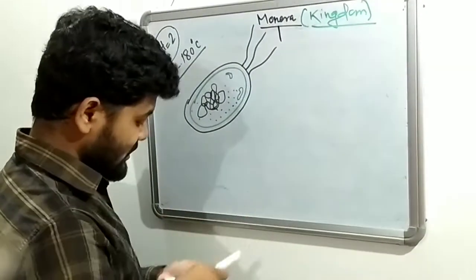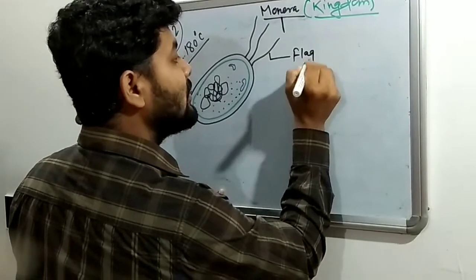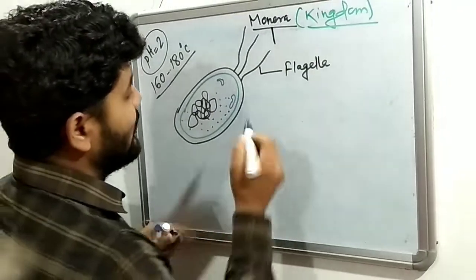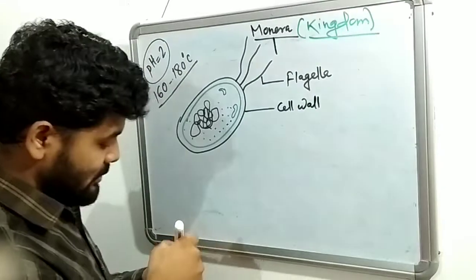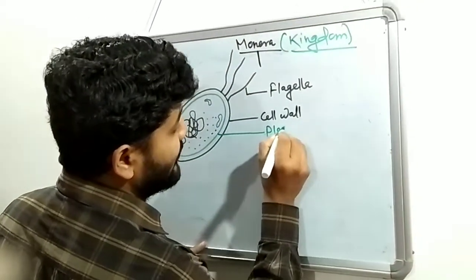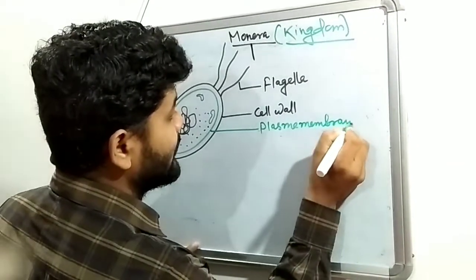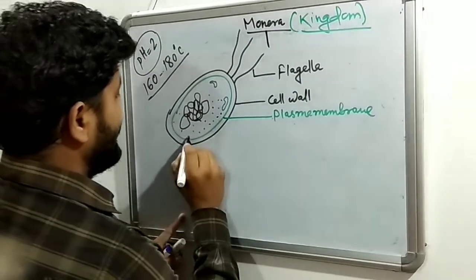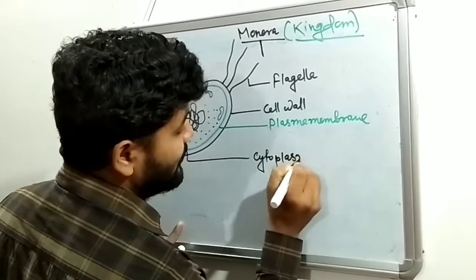Here you can see the tail-like structure is known as flagella. This is the cell wall. This one is the plasma membrane. And inside the plasma membrane, cytoplasm is there. The free space here is known as cytoplasm.